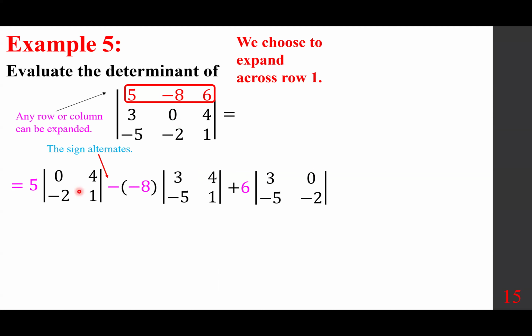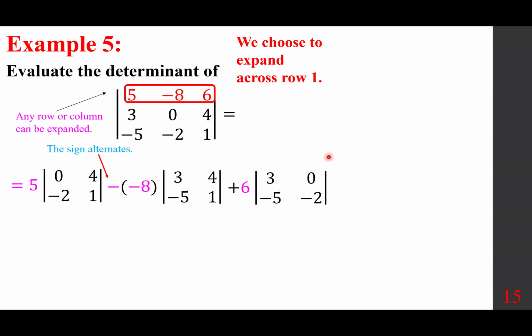So this one is 0 minus 8. This is 3 minus 4 times negative 5. 4 times negative 5 is negative, so it becomes positive. So 3 times negative 2, or minus 6.